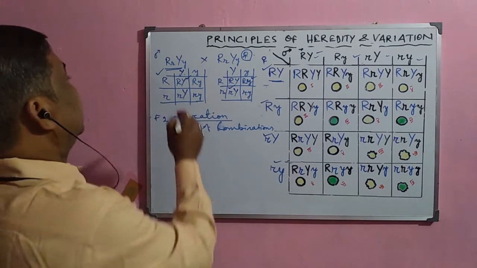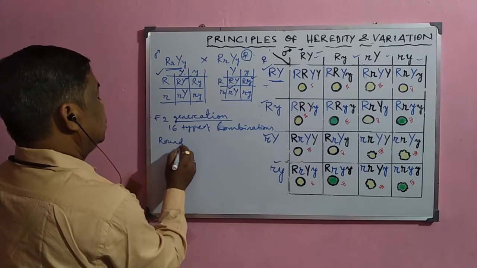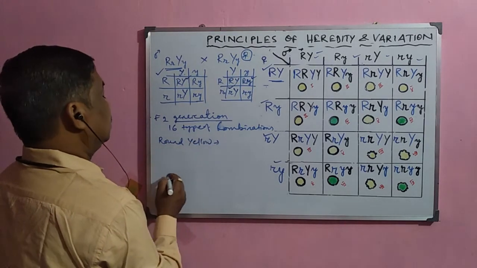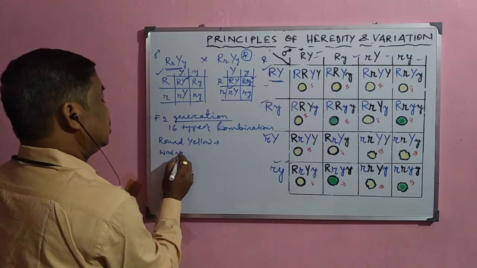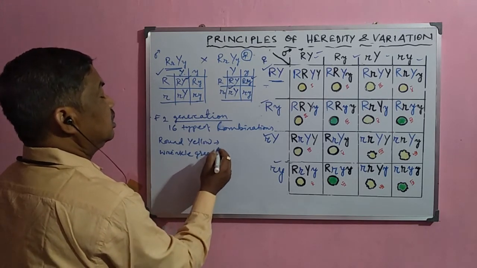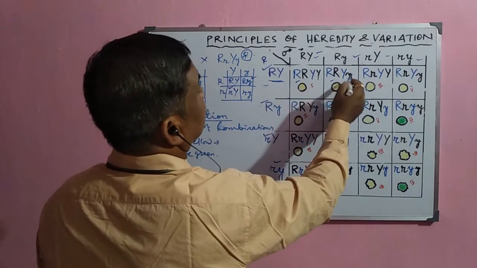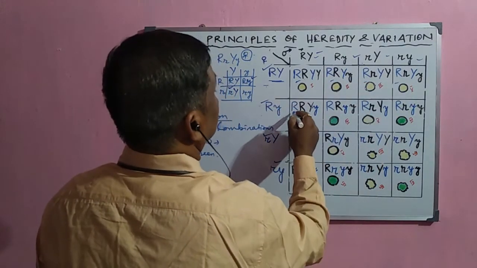Now, the parental combinations, round yellow and wrinkled green, were found. So these combinations were observed here. Round yellow, round yellow, round yellow, round yellow, and there are more round yellow.